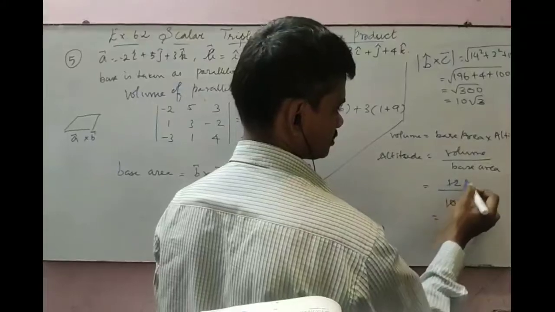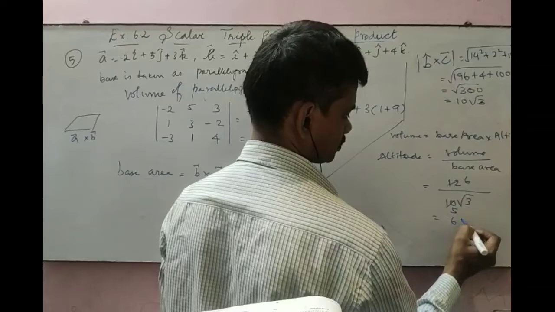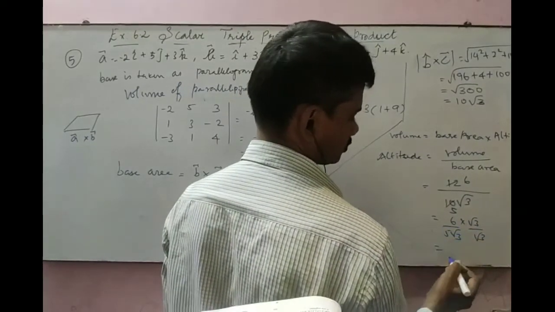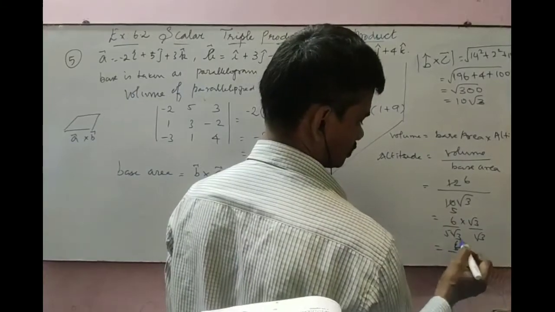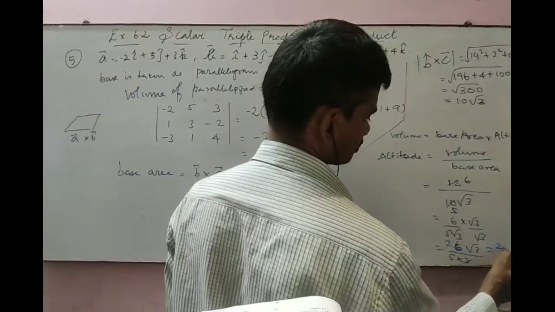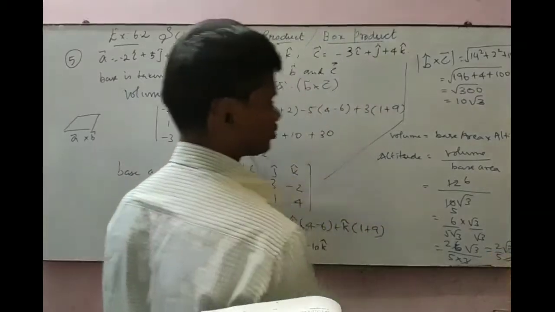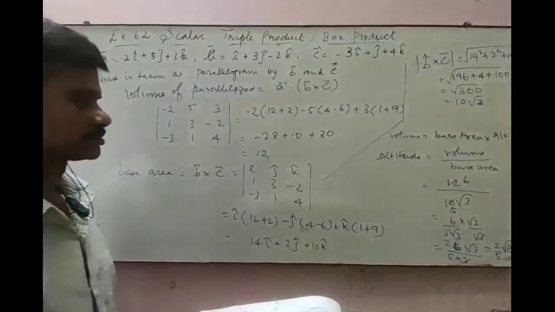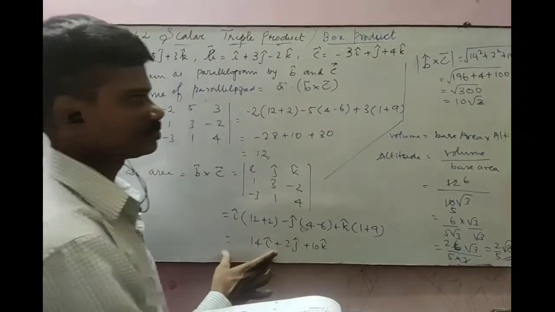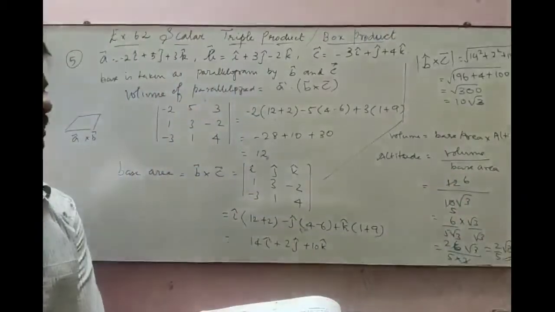If you cancel this with 2, you will get 6 by 5 root 3. Root 3 into root 3 gives 3 into 5. Again you can cancel this. You will get 2 by 5 root 3. This is the altitude of the parallelepiped. So first you have to find the volume. With the volume, we find the base area, and we take the modulus of the base area as a number. Then you have to divide the volume by the base area. You will get the altitude.